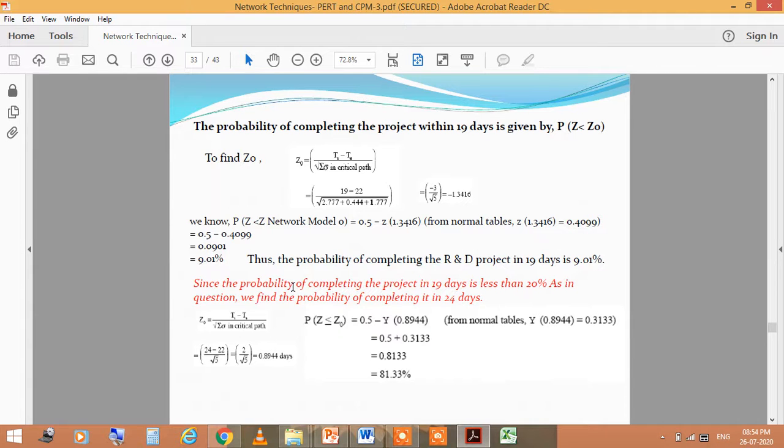So the probability of completing the R&D project in 19 days is 9.01%. Since the probability of completing the project in 19 days is less than 20%, as in the question, we find the probability of completing it in 24 days. These are the formulas through which you can calculate it.